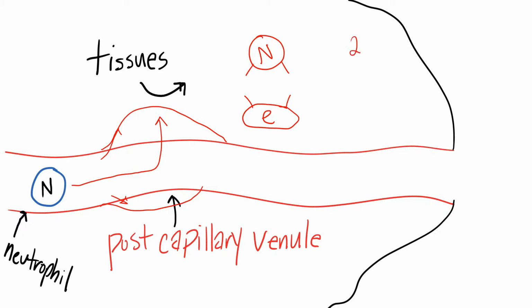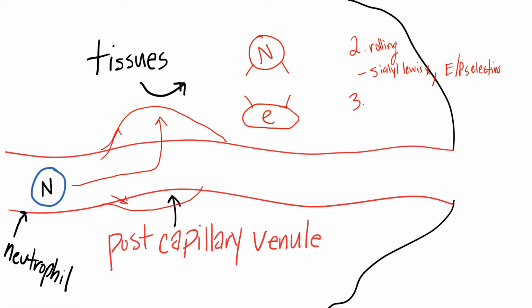For example, in step 2, I said this was rolling, and in rolling, Sialo-Lewis X binds with the E and P selectins, right? But I've seen test questions that ask specifically which one Sialo-Lewis X is on and which one the E and P selectins are on.